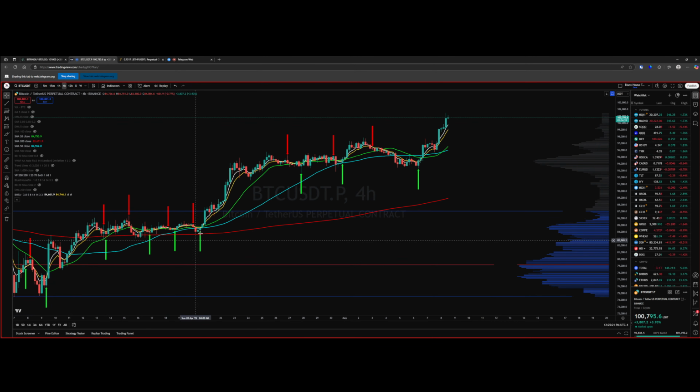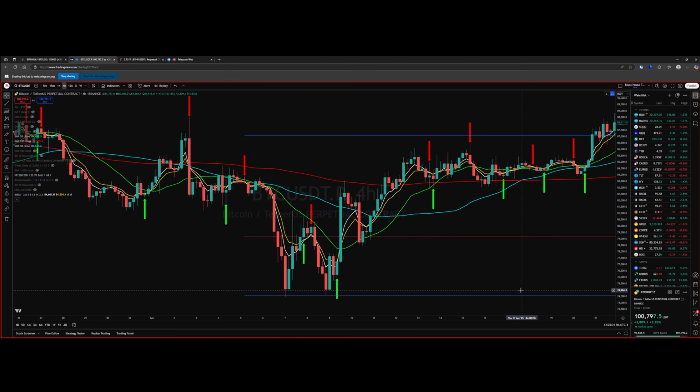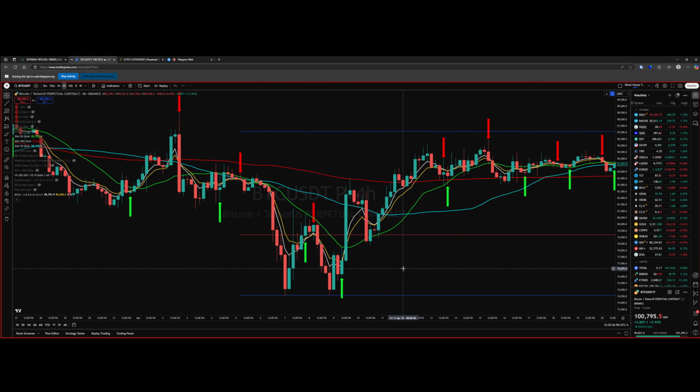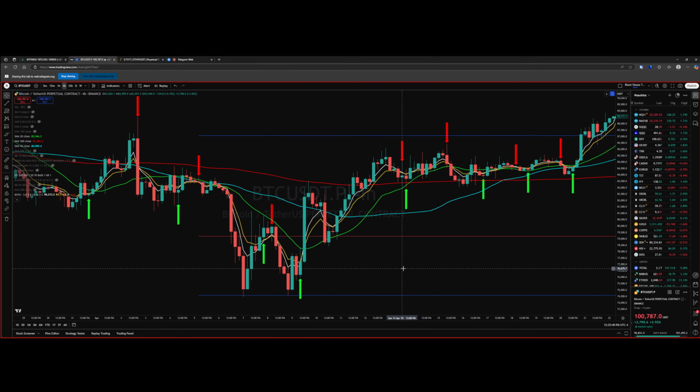Where did you see something happening coming out of this consolidation on the 4-hour? Right at the 50 and right at the 200 MA. That's essentially what you would have been looking at on your chart. You got all that sideways trading, and there you go.